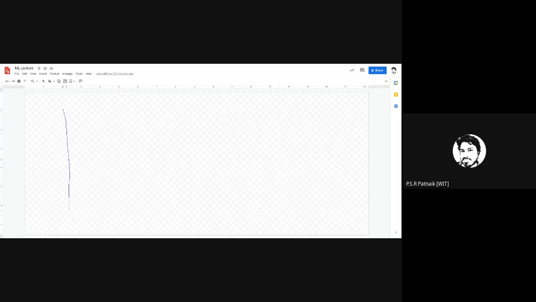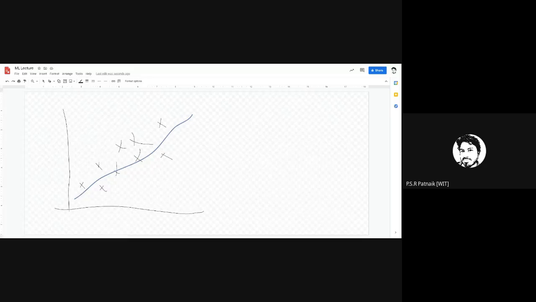So when we have a linear equation, and as I said, we will have a few data points. These crosses are the data points, and I want to guess a linear equation passing through them.